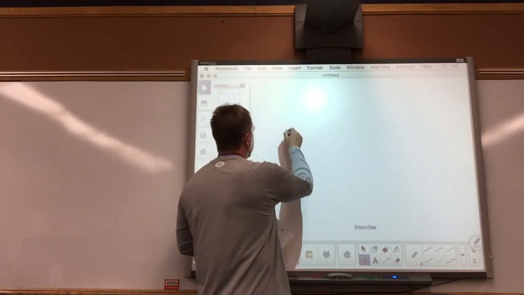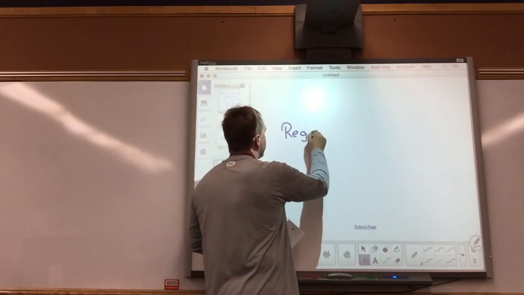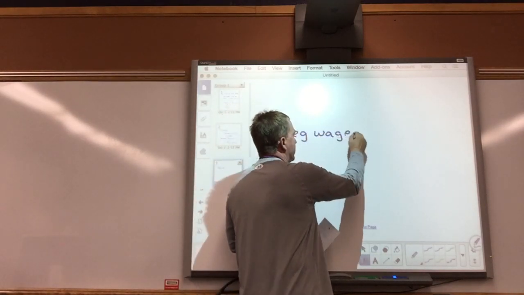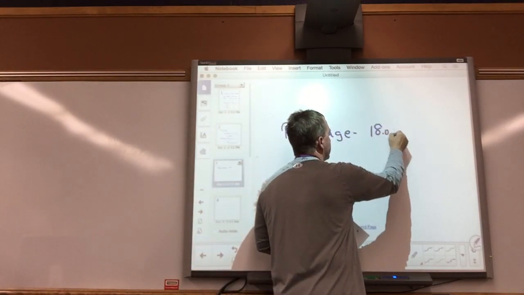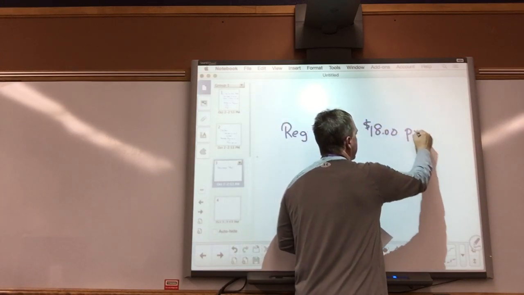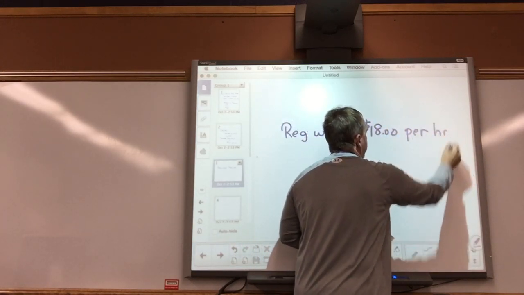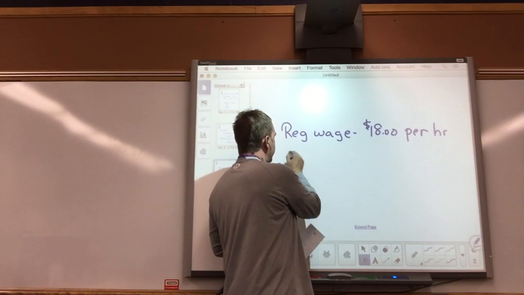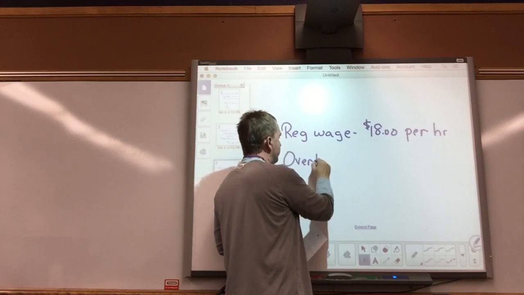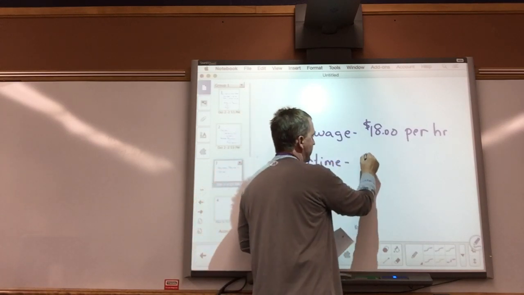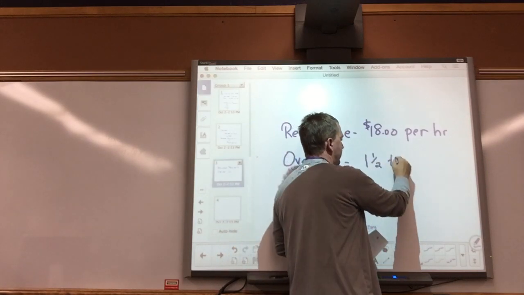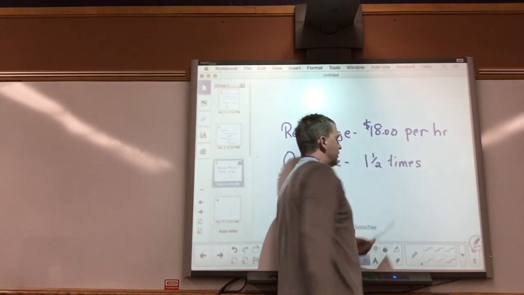So let's say in our problem here, we have a regular wage of $18 per hour, and overtime is described as 1.5 times the regular pay.